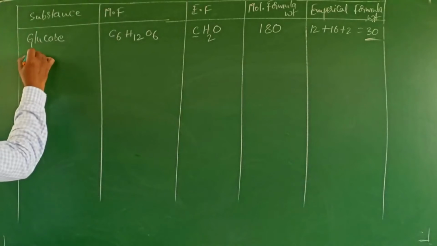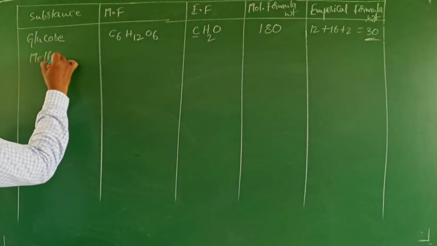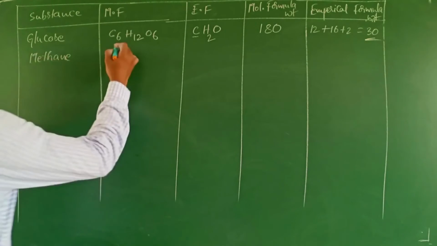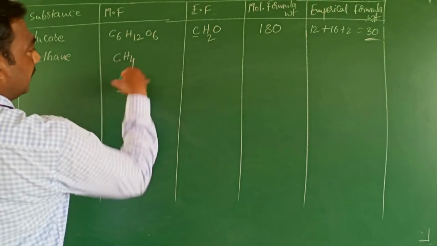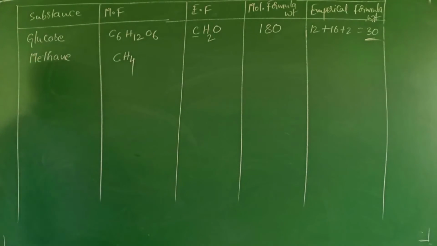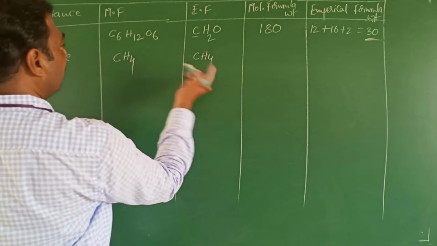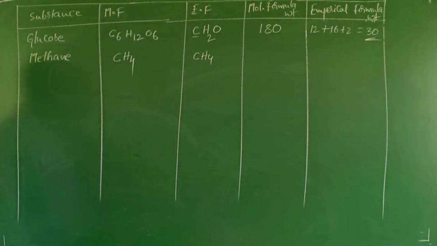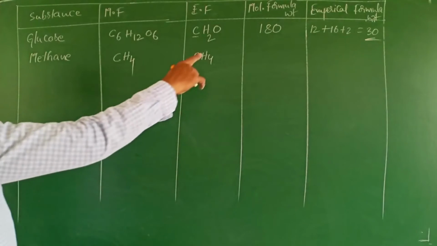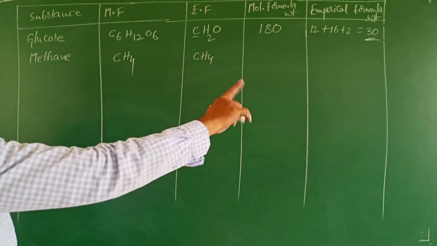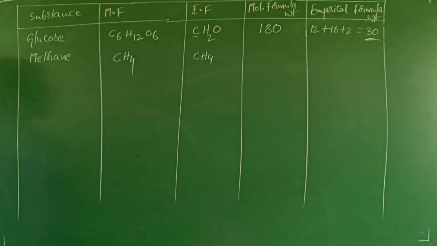Now the next example we'll take is methane. Methane molecular formula is CH4. And what is the empirical formula? The simplest ratio is the same, that is CH4 only. Students, you need to fill in the molecular formula weight and empirical formula weight.